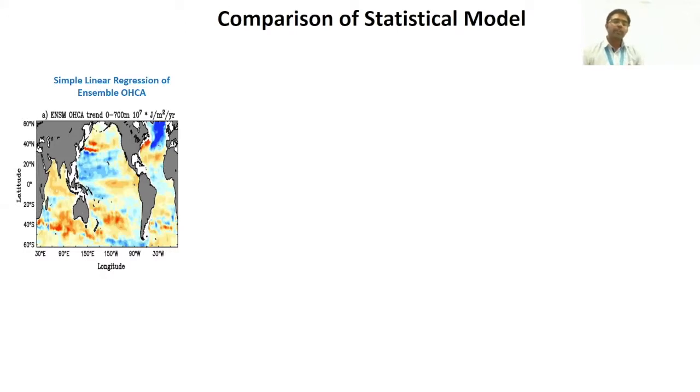So we want to eliminate this aliasing effect, which arises due to the occurrence of extreme natural variability. For this purpose, we use the multilinear regression analysis to remove all the components of the natural variability, and just get the true underlying trend, which is representative of the global warming signal.